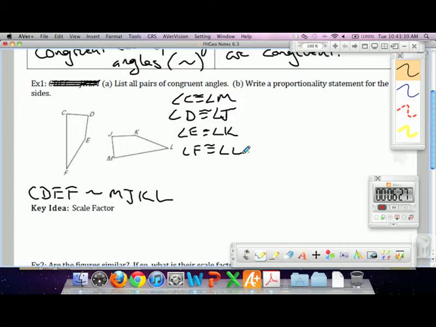So from my similarity statement, without even looking at the diagram, assuming this is correct, I should be able to say the ratio of CD to MJ, the ratio of this side pair, should be the same as a ratio of, say, another corresponding side pair. So how about EF and KL?